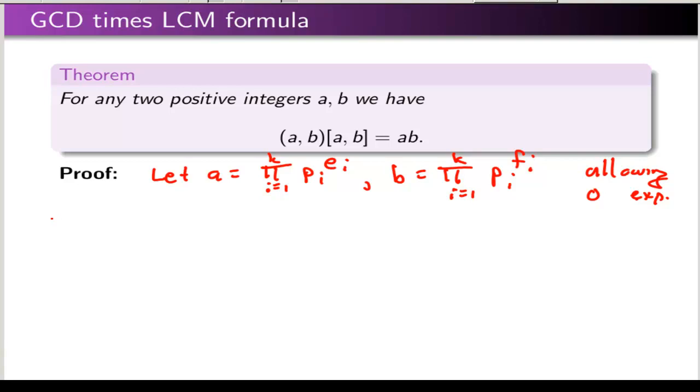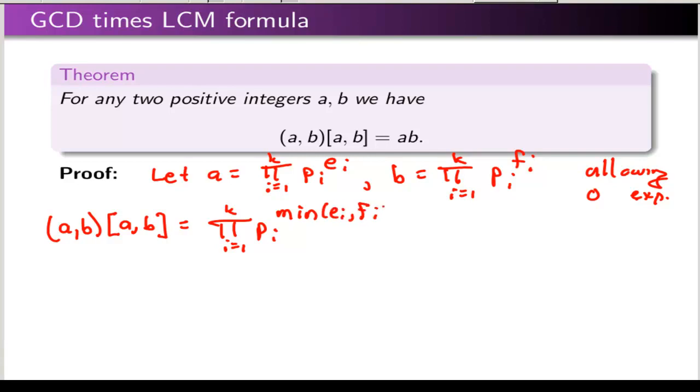Then the GCD of A and B times the LCM of A and B is what? Well, for the GCD, we take the minimum of the exponents, and for the LCM, we take the maximum of the exponents.